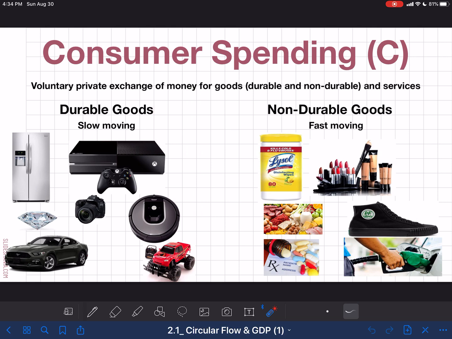So this is going to be a lot of our appliances, expensive jewelry, cars, different electronic items here, like robo vacuum cleaners, gaming consoles, really expensive cameras, or really cool toys. These are the things that are going to sit on the shelf in the store for a long time, and then they're going to be used for years and years.